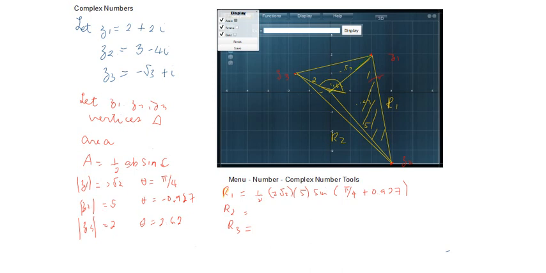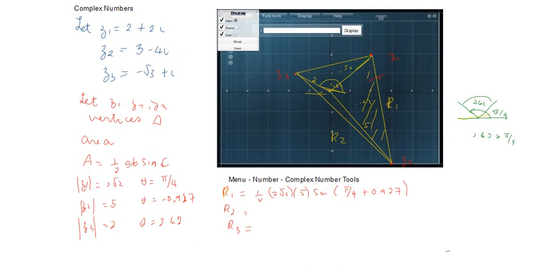So to find this angle, from this point it is 2.62, right? But we only need this part. So that will be 2.62 minus, but how much is this? Pi over 4.